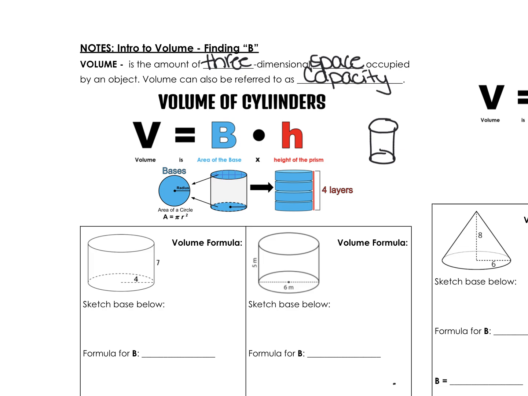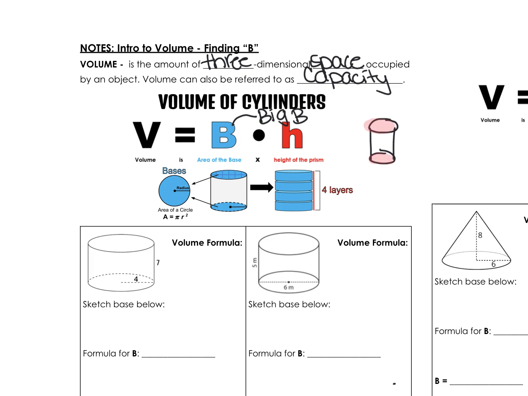Okay, so let's look at volume of a cylinder by looking at the formula here. So volume is equal to big B times H, and I do refer to this as big B. And that big B is nothing more than the area of the base. So when we look at the base of the cylinder, what shape are they?